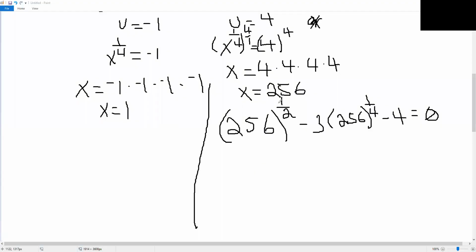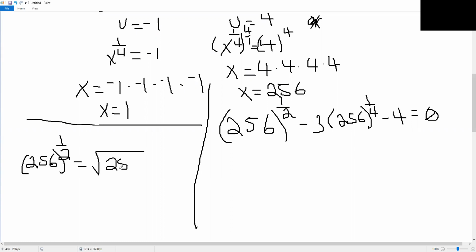So how would you solve this? Well, 1/2. So you're writing it like this. 256 to the 1/2 power is equivalent to the square root of 256. Okay, you can do that in a calculator. I think that's 16.